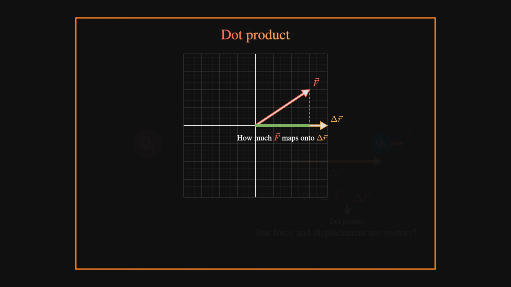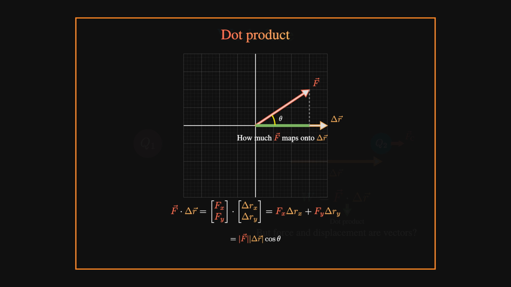But in simpler terms, it is just each vector component of F times each corresponding vector component in delta R. Alternatively, it can be written as the magnitude of F times the magnitude of R times cos theta, where theta is the angle between the two vectors.